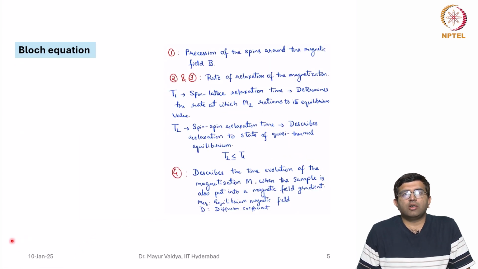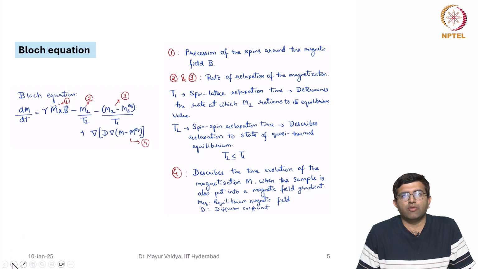Now, this movement or this magnetization is actually governed by what is known as the Bloch equation. So you can see here it is dM by dt, that means the rate of change of magnetization.